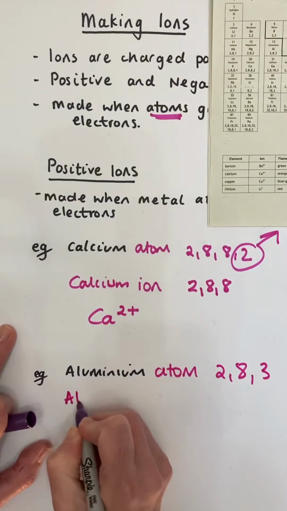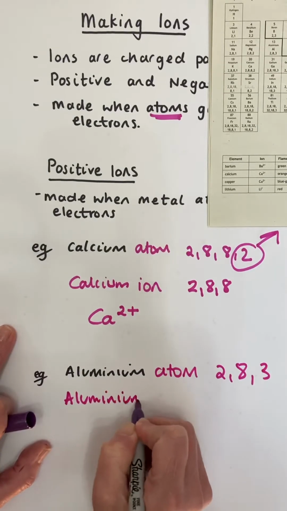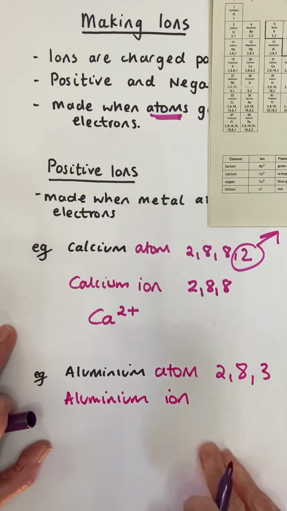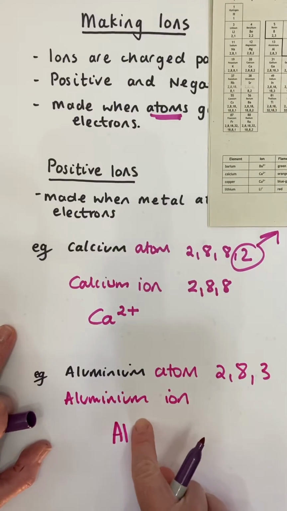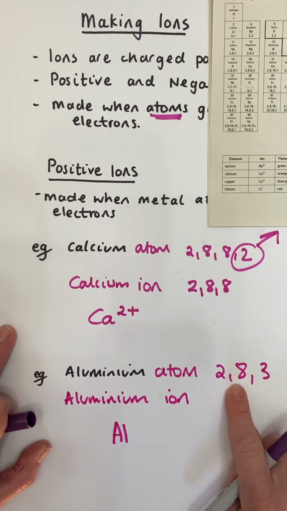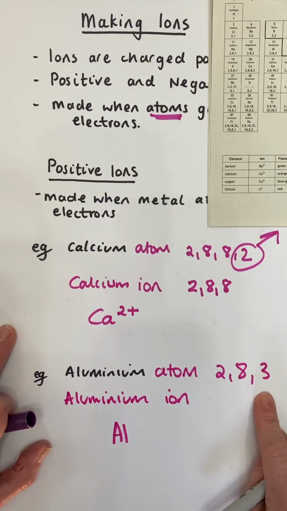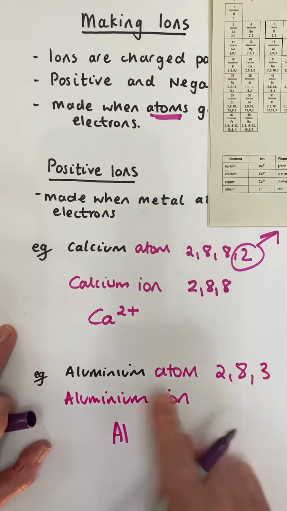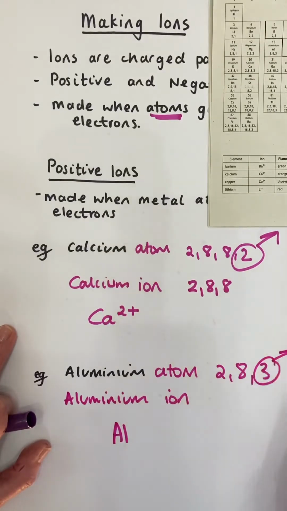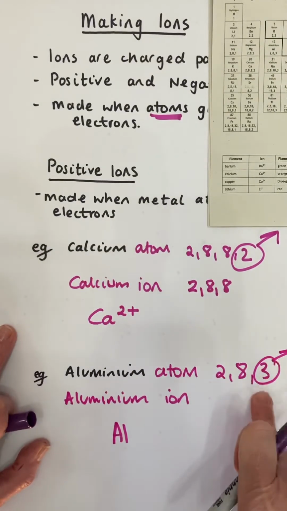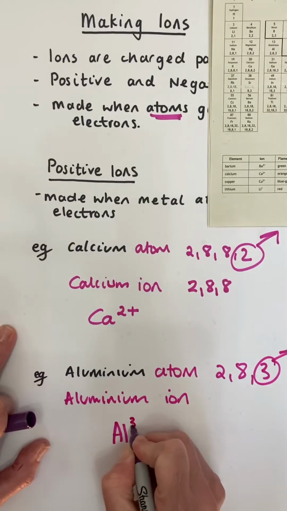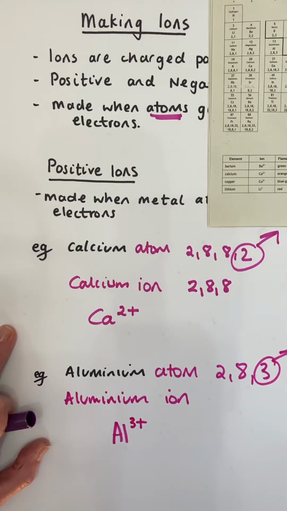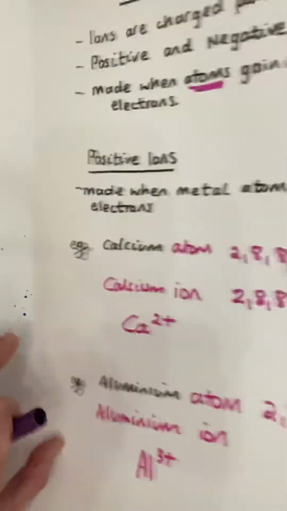And if I'm looking at what the aluminium ion would be, then I know it's going to have the symbol Al, but because it's an ion, I'm looking for some charge up here. At the moment, the aluminium atom has got the same number of electrons as protons, but to become stable, it's a metal atom, it's going to lose that last number. It's going to lose 3 electrons. If I've given away 3 negatives, that means I've now got 3 more positives than I have negatives, so I'm a 3+ ion.